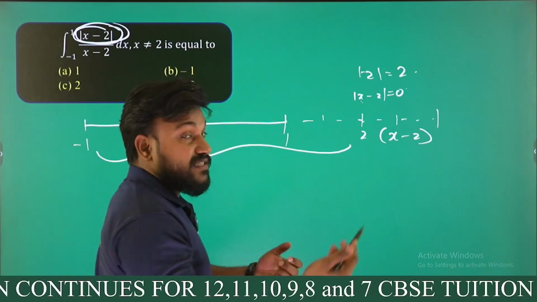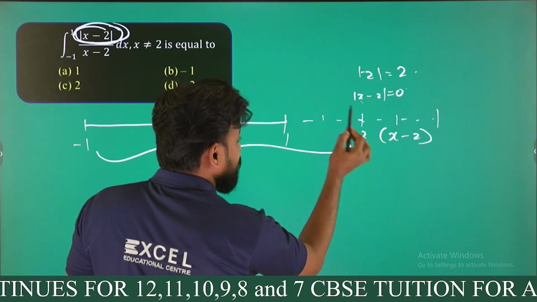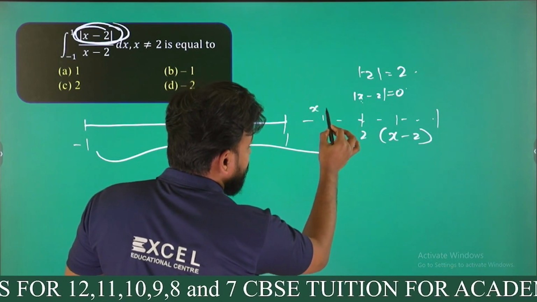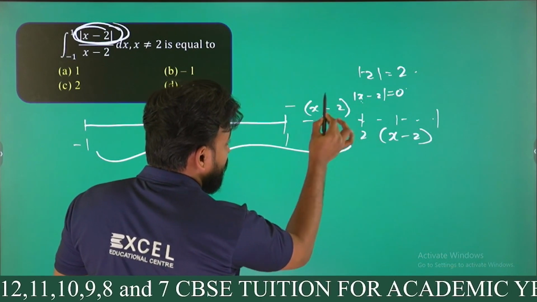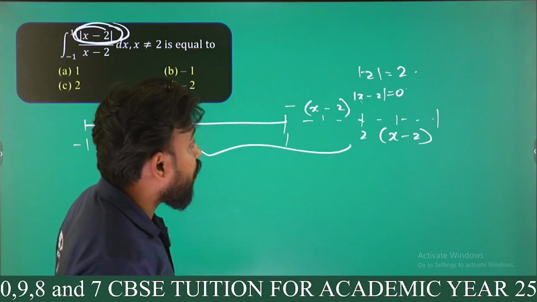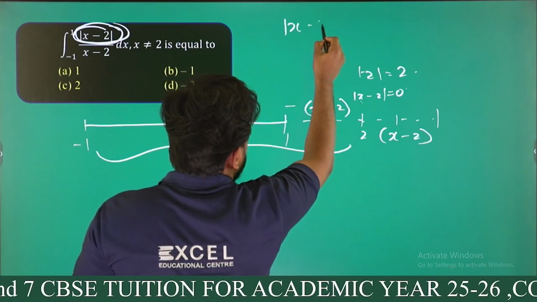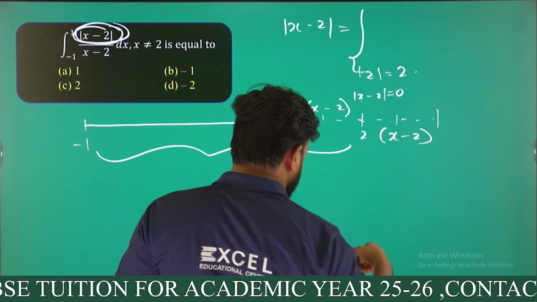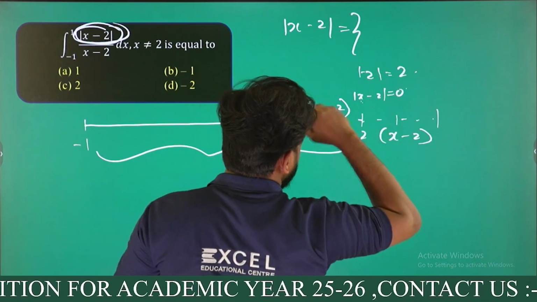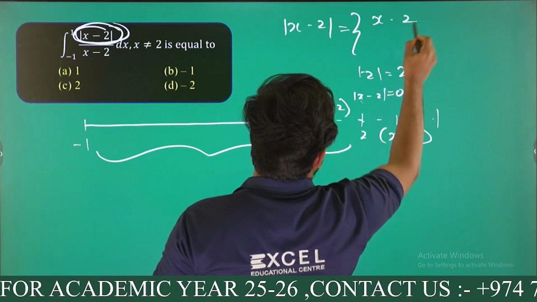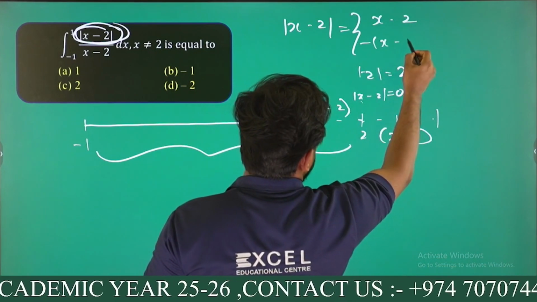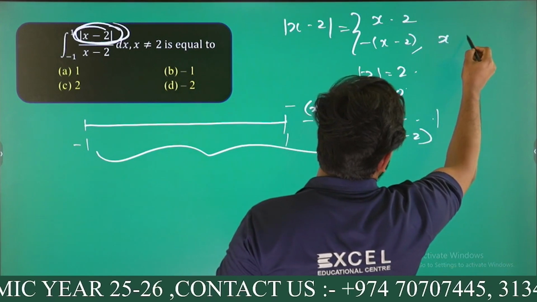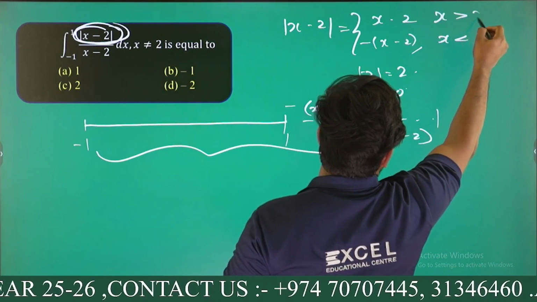So who can change the negative to positive? Only a negative can change the positive to negative. So instead of writing just x minus 2, I can write negative of x minus 2. Or I can write mod of x minus 2 as two functions. One function is x minus 2, another function is minus of x minus 2. This minus of x minus 2 is when x is less than 2. This is when x is greater than 2.